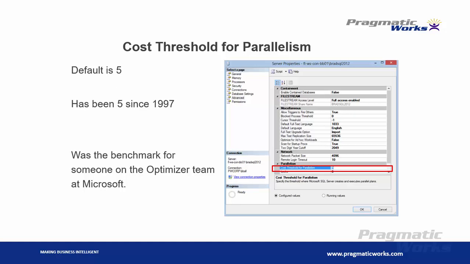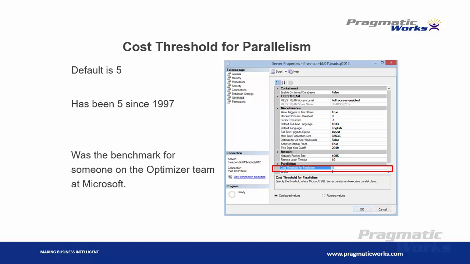The default is 5, and the default has been 5 ever since 1997, when somebody on the optimizer team was working through benchmarks on their local workstation and decided that 5 was a pretty good number at that time to decide between running a plan in serial or running a plan in parallel.